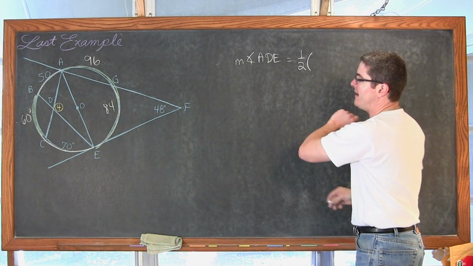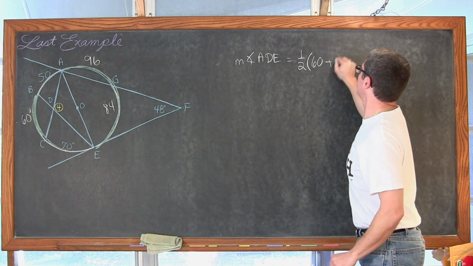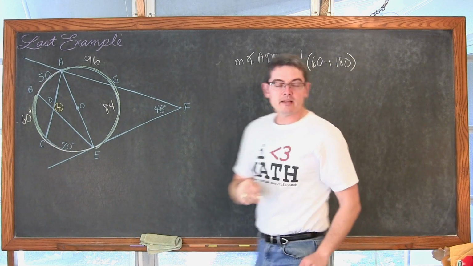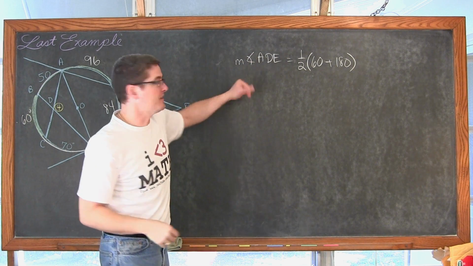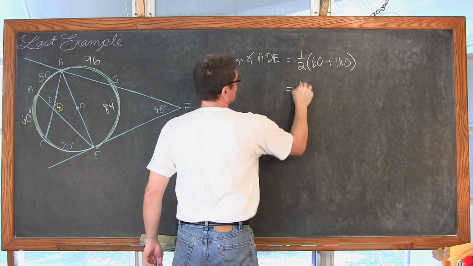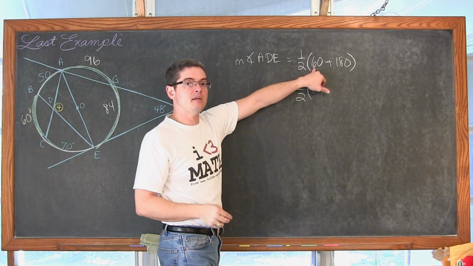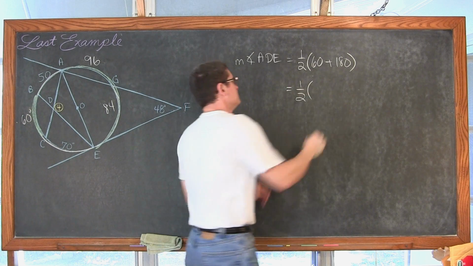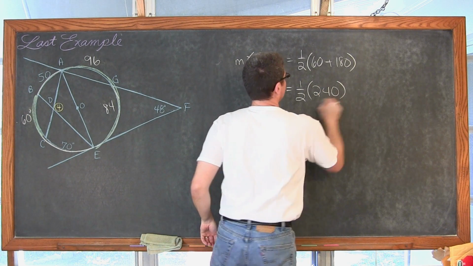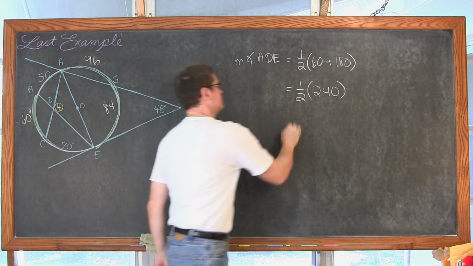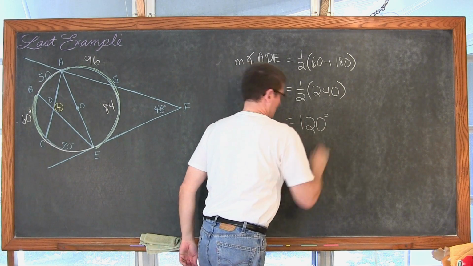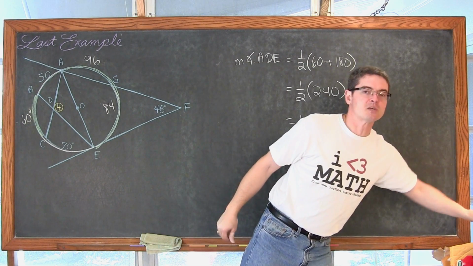So 1/2 of 60 plus 180, oh look, my variable's on the left finally for a change. That's going to be equal to 1/2 of 180 plus 60, which is 240. And 1/2 of 240 is 120 degrees.